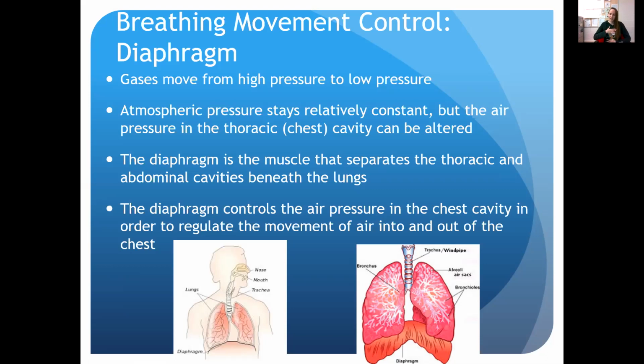It actually separates your thoracic cavity, your chest cavity, from the abdominal cavity underneath it, where your intestines are. And the diaphragm controls the air pressure of the thoracic cavity in order to pull air in or push air out. So this is the diaphragm here underneath the lungs. You can see it over here as well. It's just a very, very thin muscle.